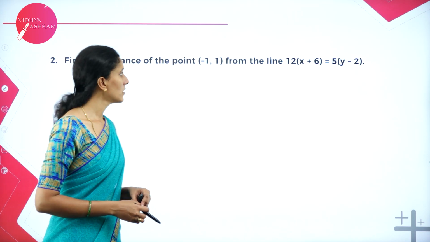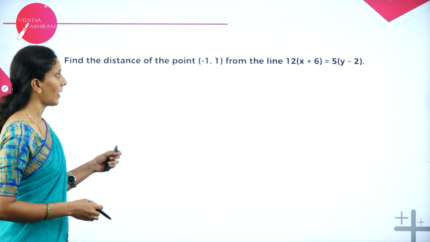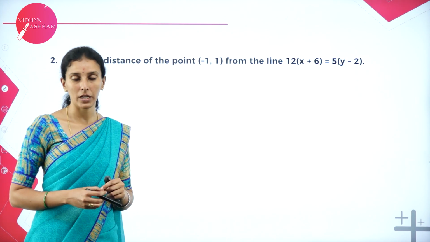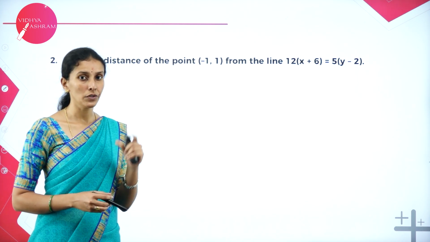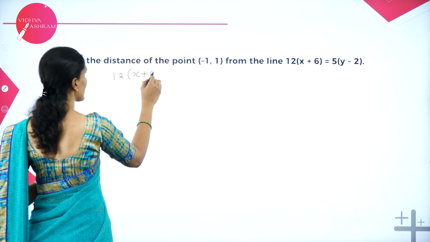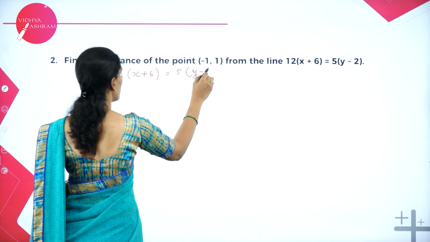So one more question. Find the distance of the point (minus 1, 1) from the line 12 into x plus 6 is equal to 5y minus 2. First let me convert it into general form. So we have 12 into x plus 6 is equal to 5y minus 2.